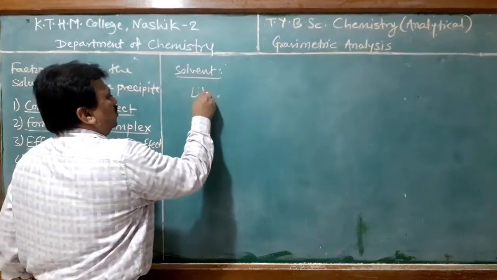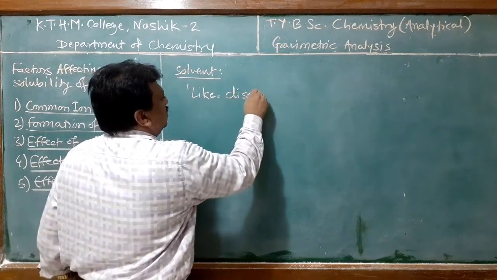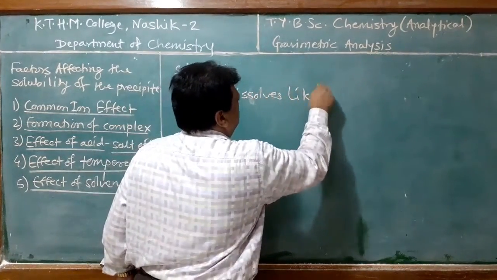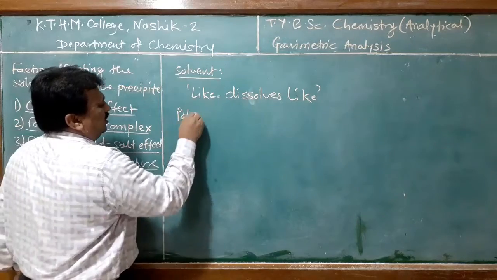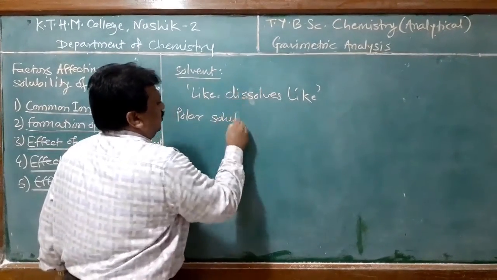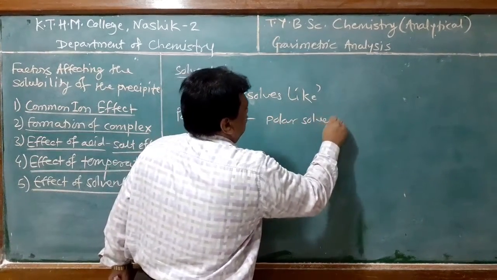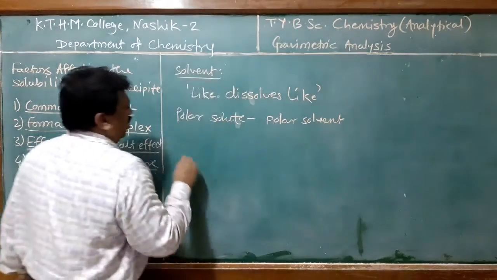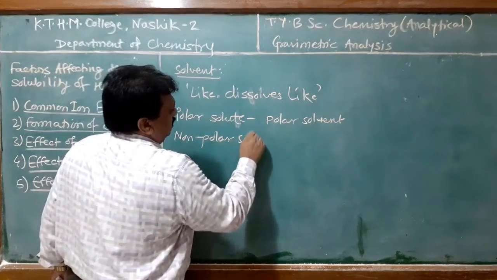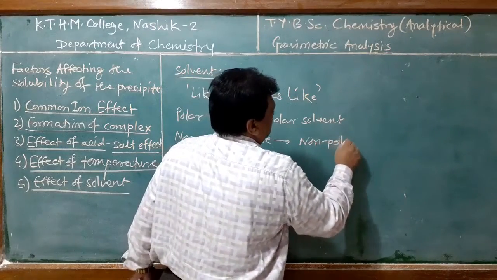Solubility of a sparingly soluble electrolyte is determined by the principle like dissolves like. That means polar solute is soluble in polar solvent, and non-polar solute is soluble in non-polar solvent.